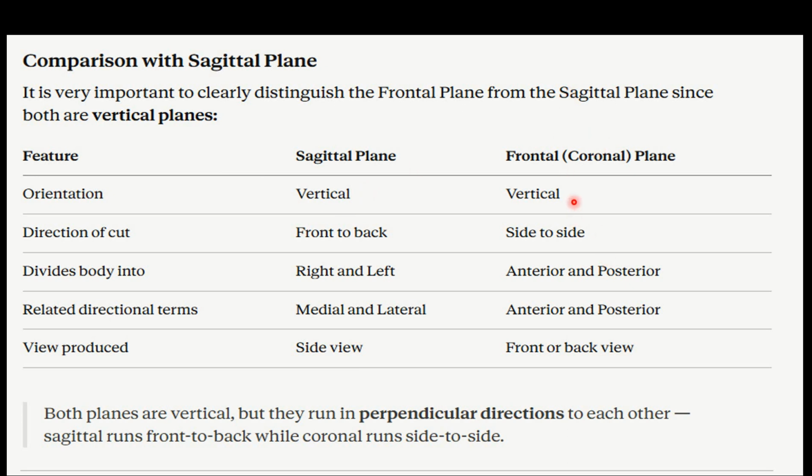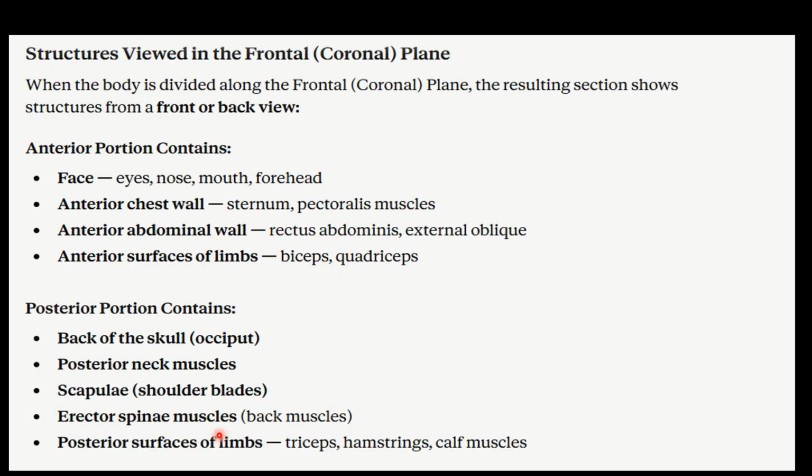In the frontal and coronal plane we will go with a front or back view. So we can say both planes are vertical, but they run in perpendicular directions to each other. Sagittal runs front to back, while coronal runs side to side. Okay, so these are the comparisons.